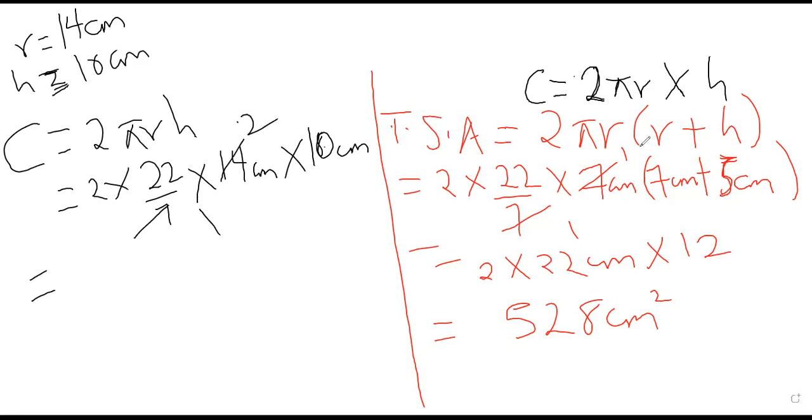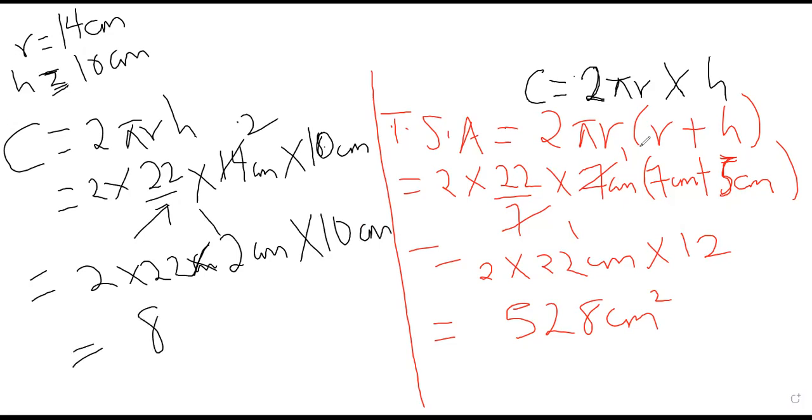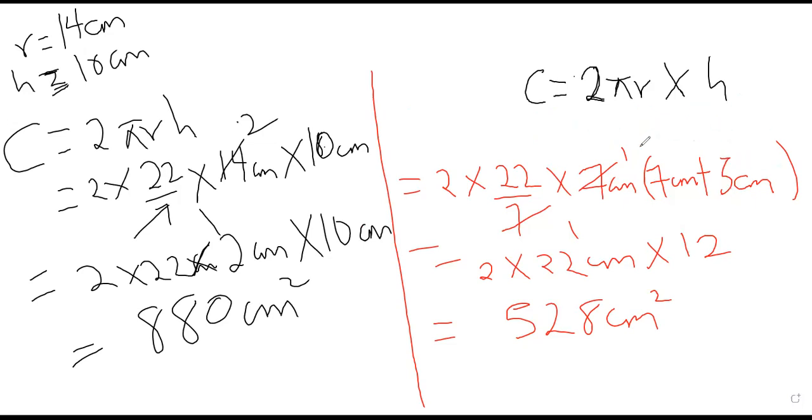So our answer is 2 times 22 multiplied by 2 centimeter multiplied by 10 centimeter. That will be equal to 880 centimeter square, which is the lateral area of the cylinder.